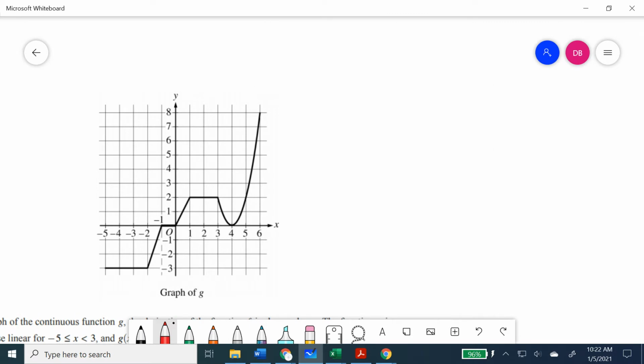Now, the name of this graph is G, so I'm going to write the name of the graph that I see. I'm going to make a number line for whether it's above or below the x-axis with positives and negatives. And for this one, I'm going to need to have some intervals of 0. I'm beginning at x equals -5. I am underneath the x-axis until I reach x equals -1.